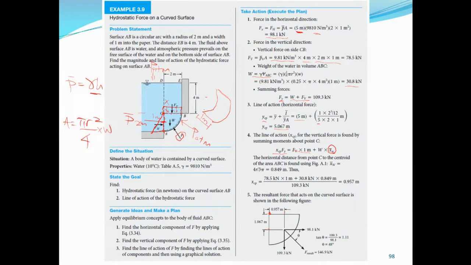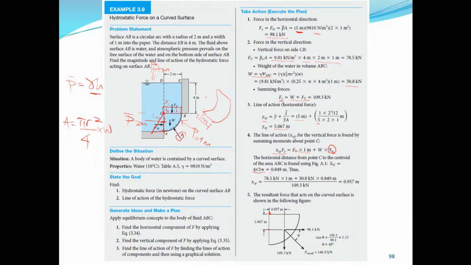Okay, for the centroid of a quarter circle, the formula is 4r over 3 pi. If it's a rectangle, it passes through just the middle point, but for a semicircle, this is the formula for the centroid.